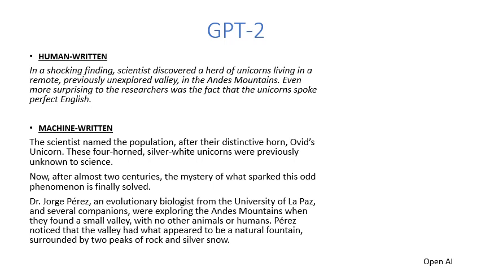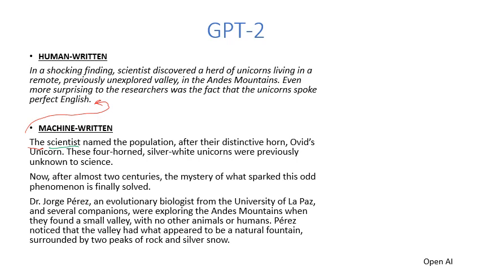This is the input to GPT-2, and GPT-2 tries to predict the next word, and the next word would be "The". So this "The" will be added to the sequence, and GPT-2 tries to predict the word after, which is "scientist". So it came up with this text. The scientists named the population after their distinctive horn, Ovid's unicorn.